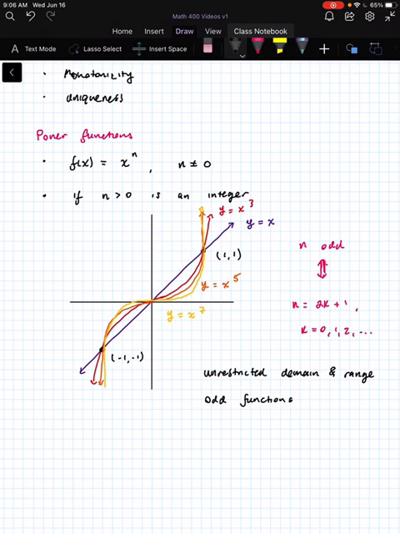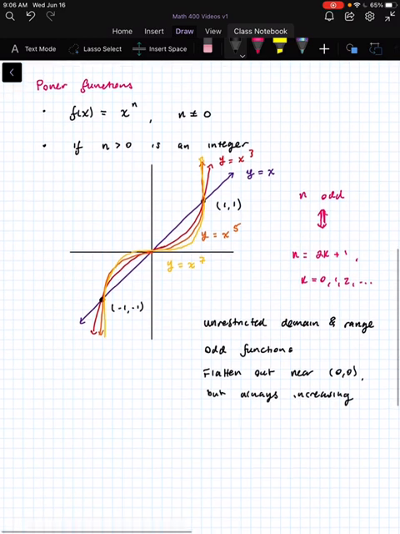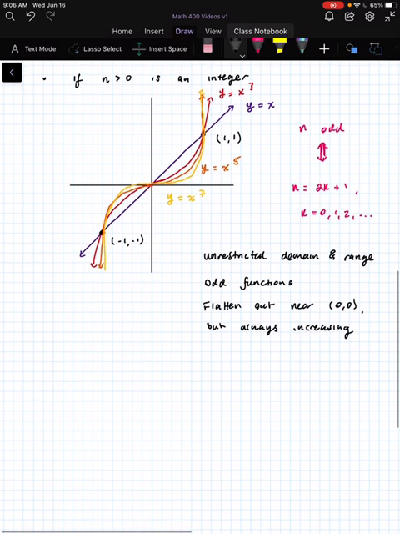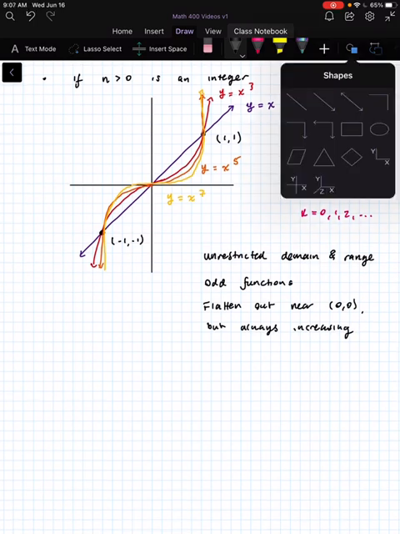And some key characteristics, so what sets them apart when n is odd, is that they flatten out near the origin, but always increasing. And you can see that as we progressively constructed higher and higher powers for x that were still odd.